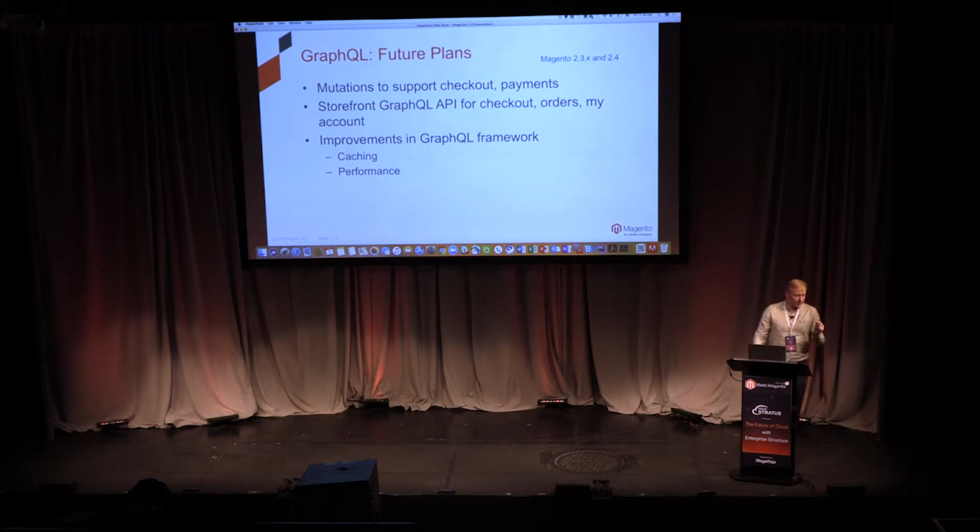GraphQL APIs are already faster than REST APIs, but they are not as much faster as we plan them to be, because for today they still use the full command persistence layer. So they still load all the product data, all the information. So we plan to build a much lighter query API that will be built in the scope of the modularity epic that I was talking about yesterday.